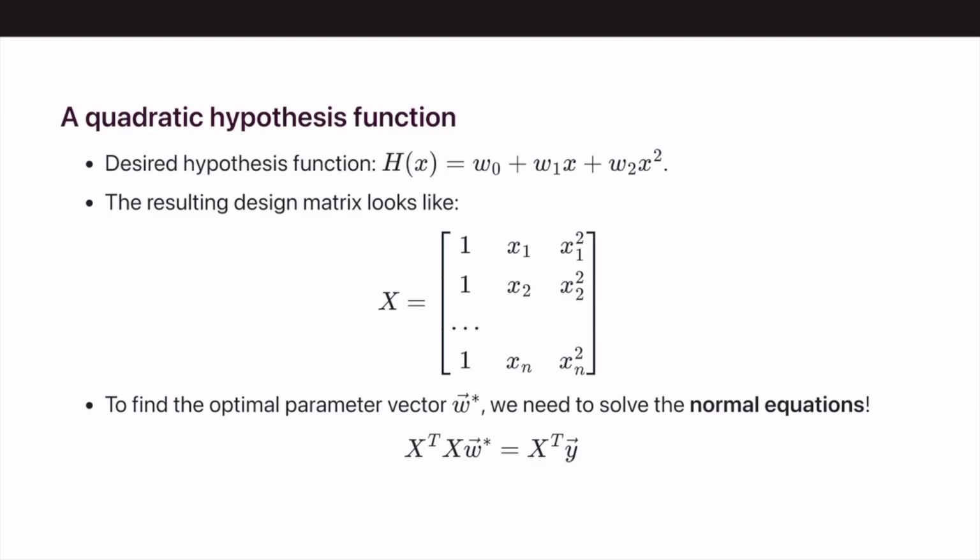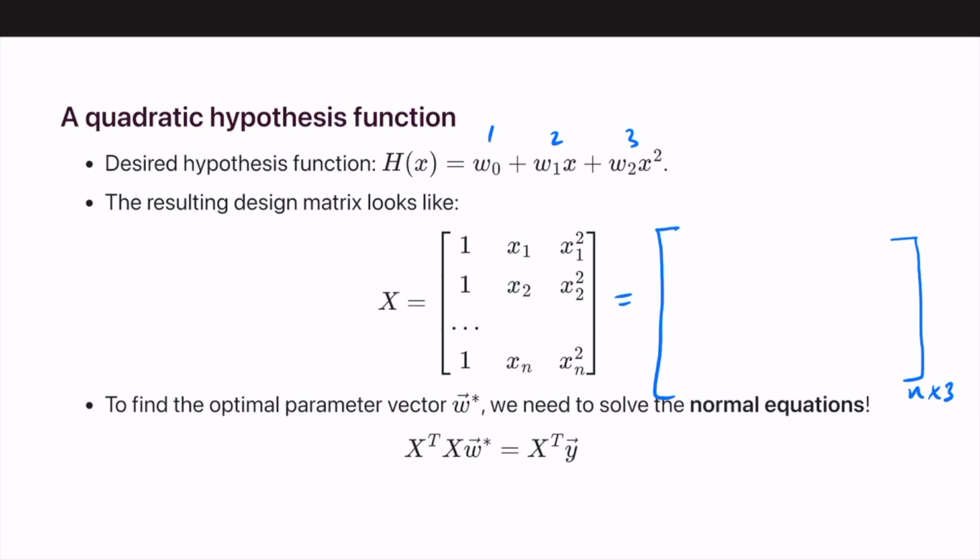So this is going to give us a quadratic hypothesis function when we do this squared here. And what's happening is, we're creating a design matrix now, which is still pretty familiar to what we have. It's still going to be, in this case, an n by 3, because we have 1, 2, 3 features.